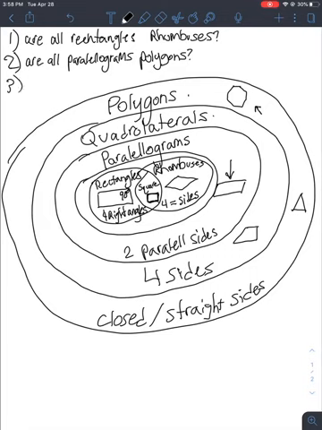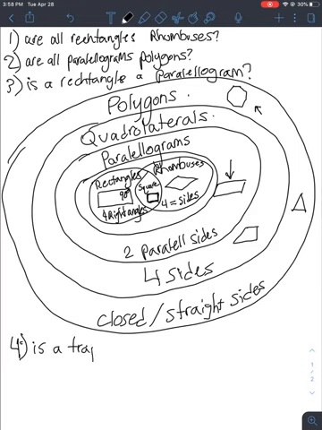Question 3. Is a rectangle a parallelogram? And last question 4. Is a trapezoid a quadrilateral? All right, go ahead and pause the video and answer these questions.